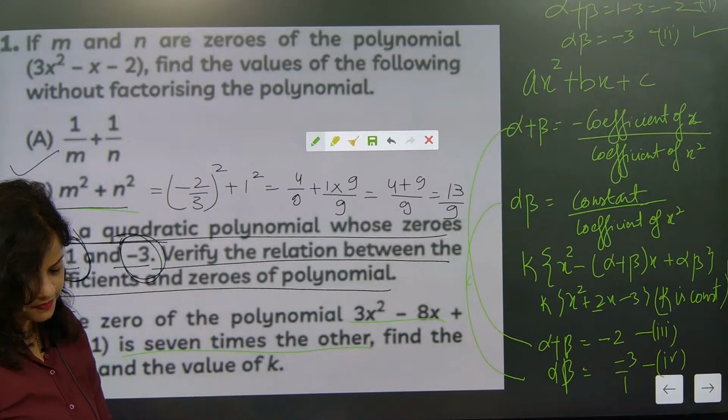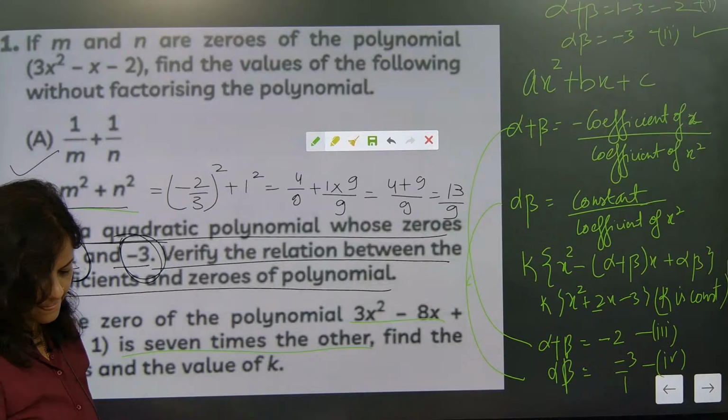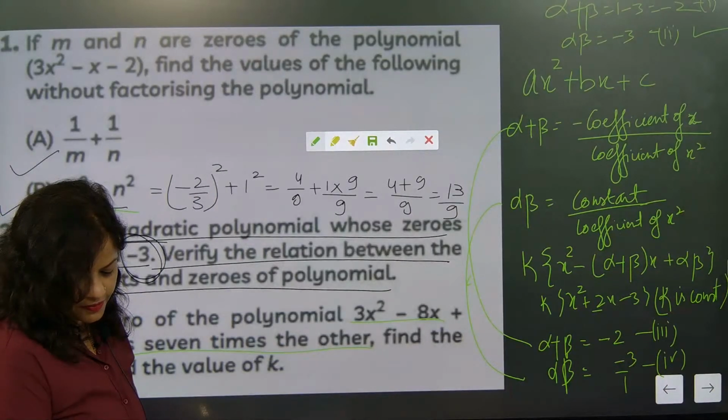Is it done, beta? Once it is done, inform me.